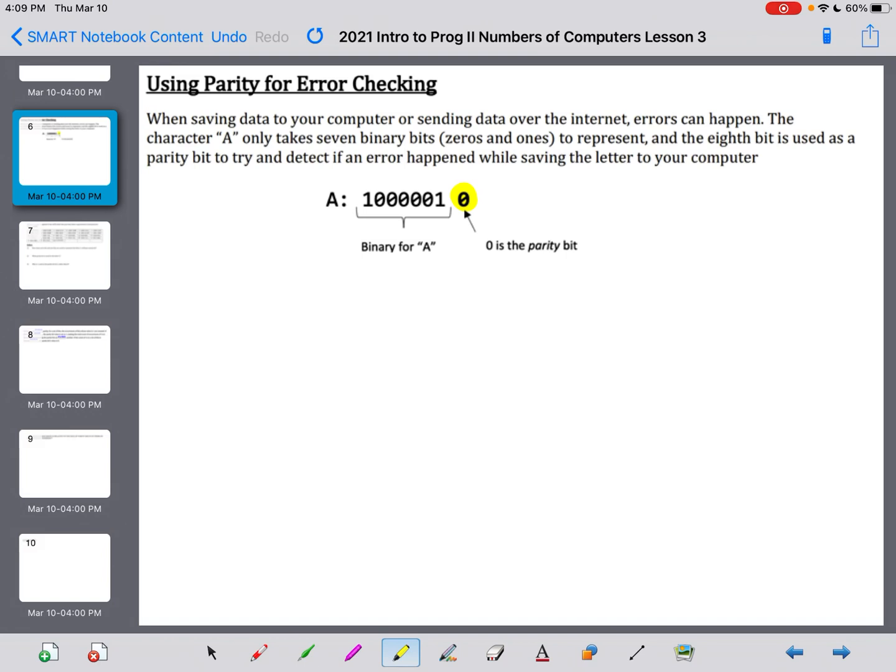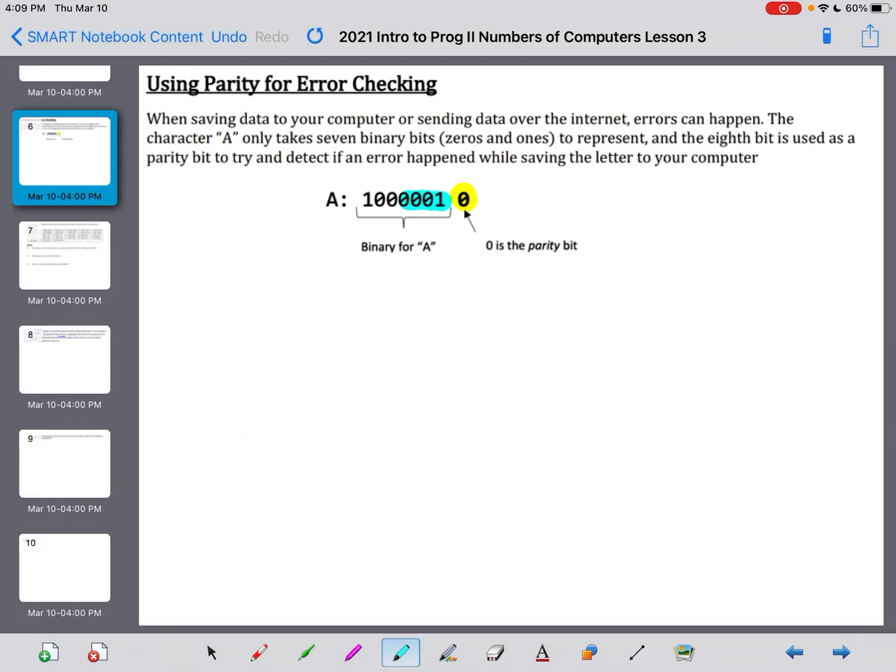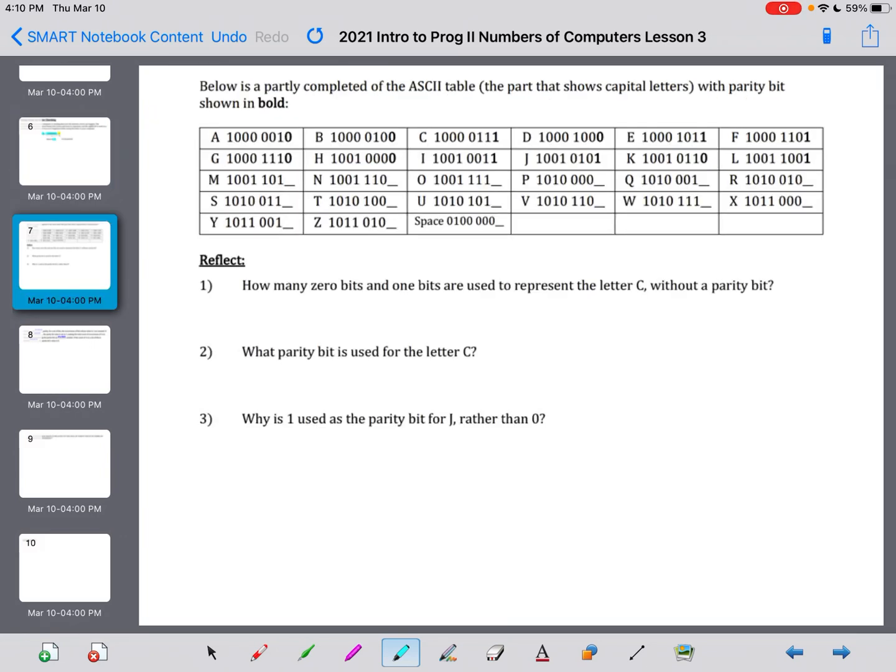Okay. So if we look at the other part of this, this is just the plain old A from the table. We're going to use this in the next couple of topics in this lesson. So let's take a look here.